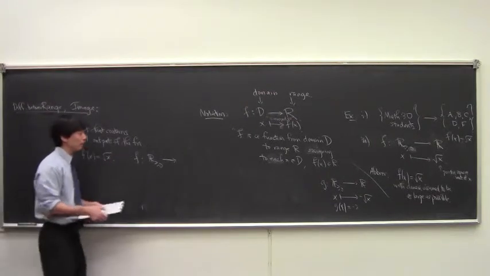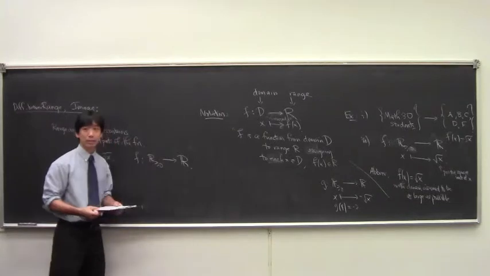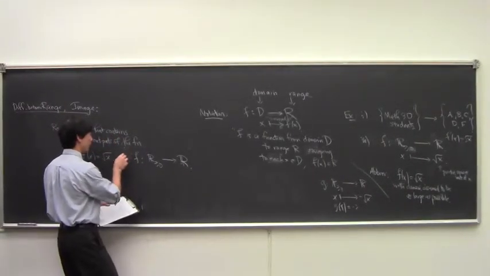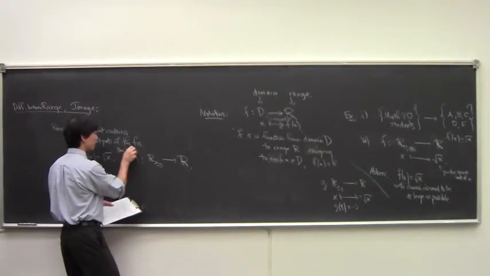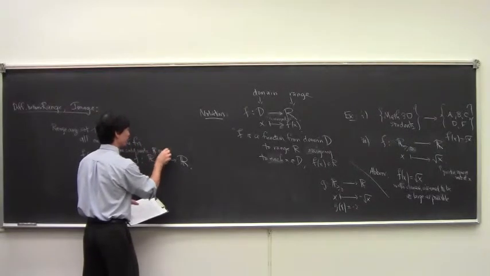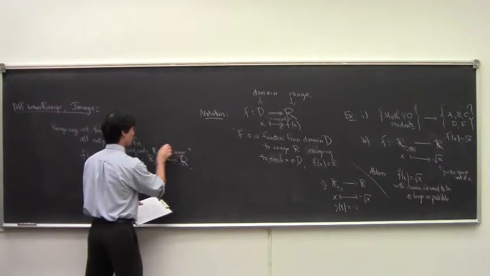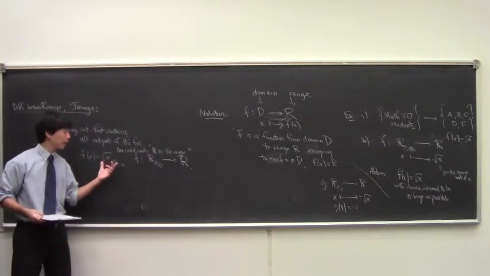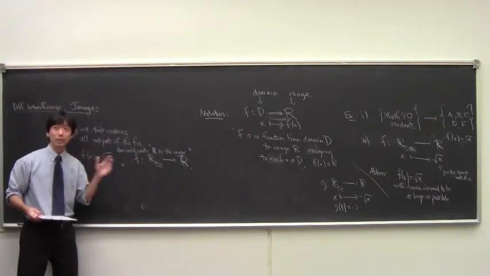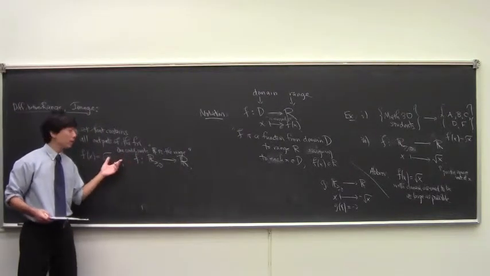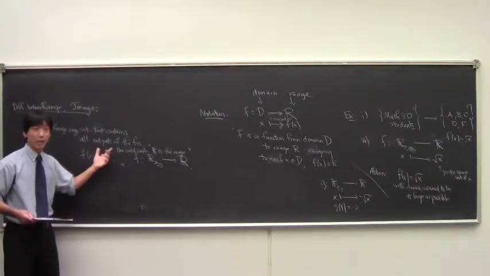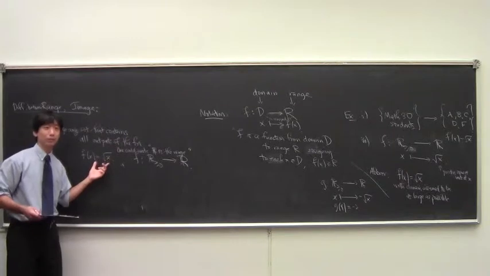So if I write R is the range, that's actually a valid statement, because that contains all the outputs. Hold on one second, Rachel. But really, the actual outputs are only the non-negative numbers.